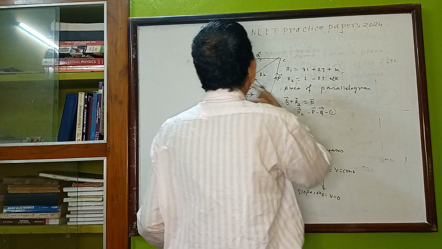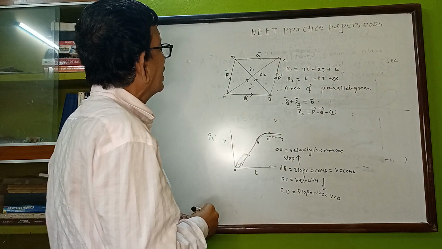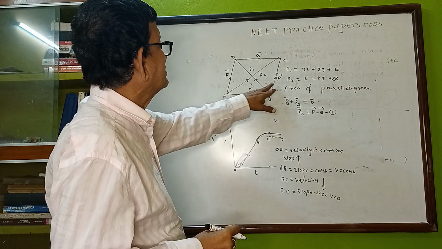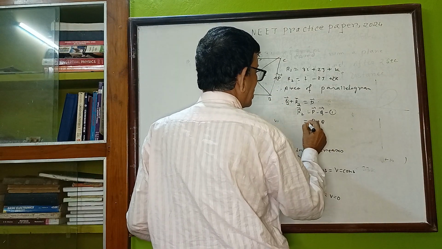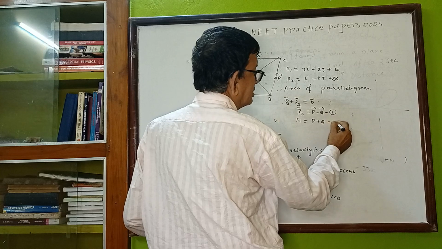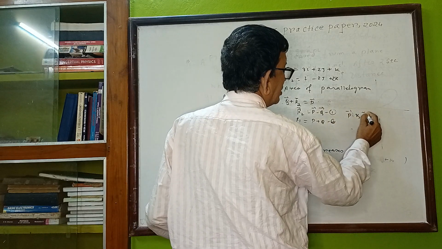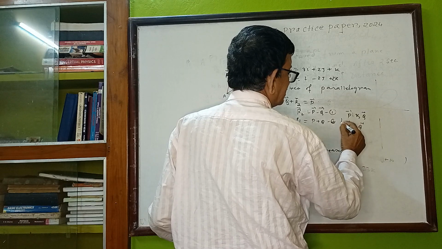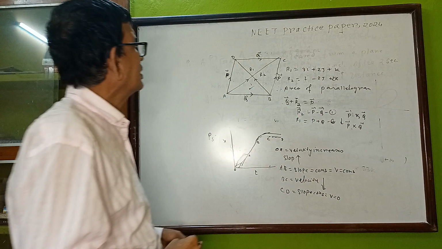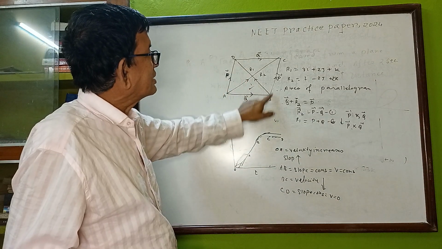For the triangle, you can consider this triangle. Again I am considering this plus this: P plus Q equals R1. Solving these two, you get P and Q. Again I am telling, suppose only the diagonals are given.